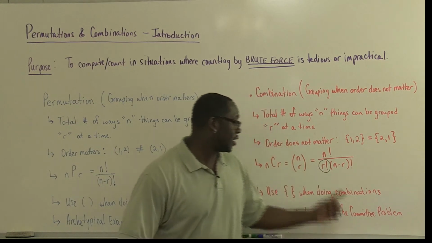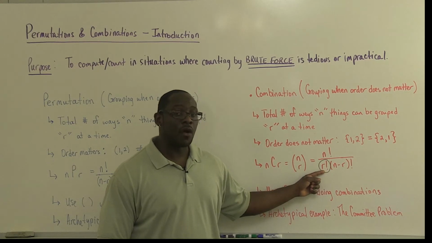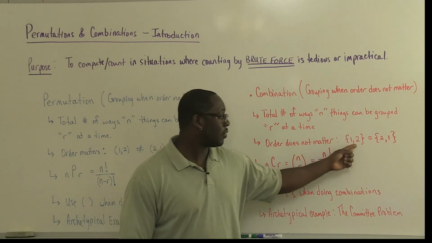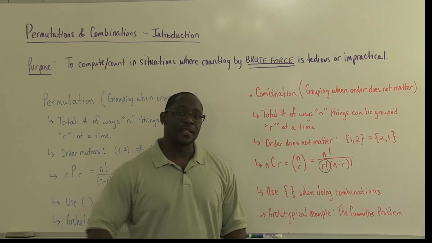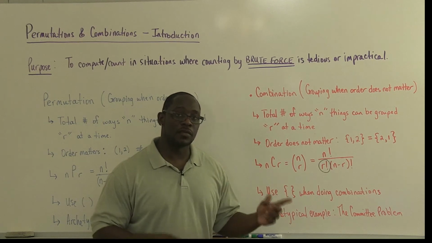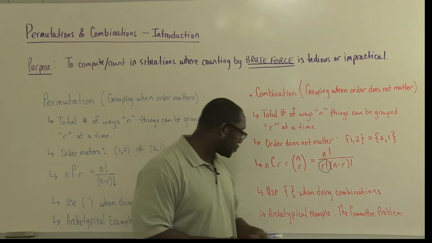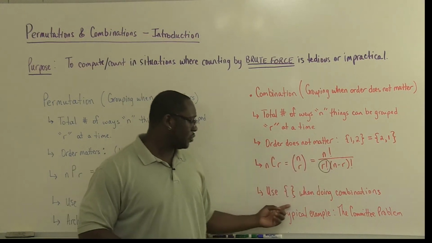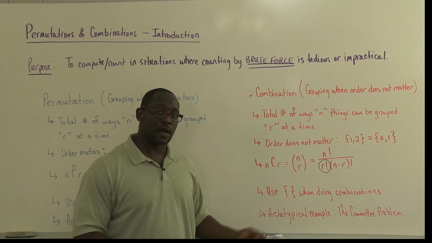The reason for that is that r factorial is taking into account all of the repetition, or 1, 2 being the same as 2, 1. It's getting rid of that in the actual calculation of the combination of n things grouped r at a time, okay? And like you see here, we use the set brace notation whenever we are talking about combinations of things.